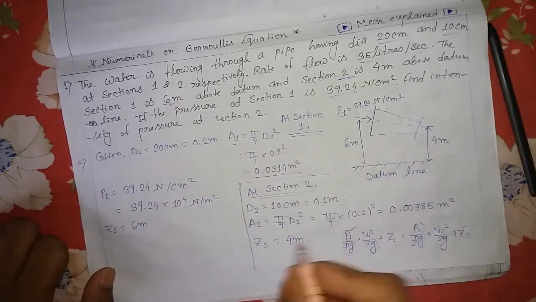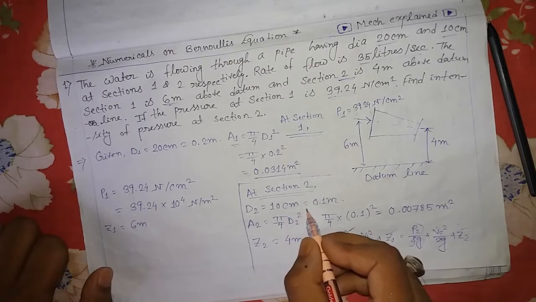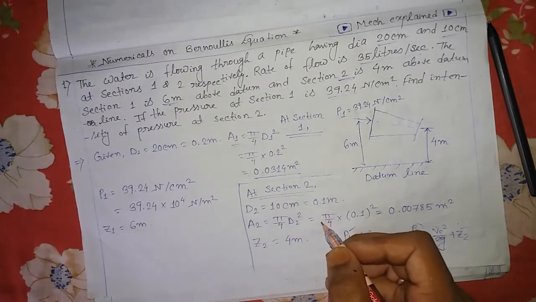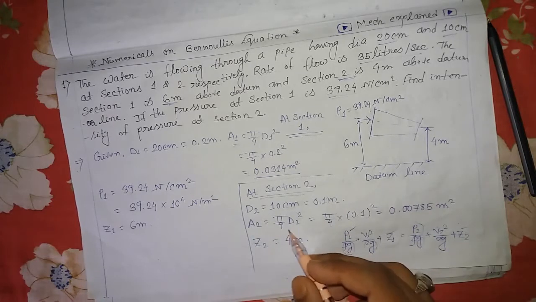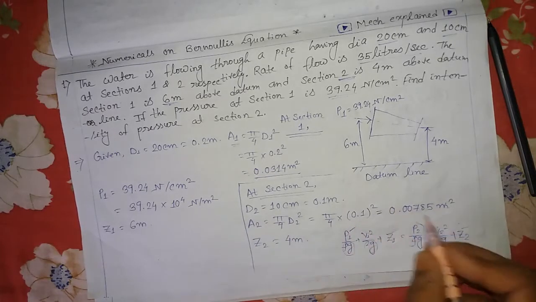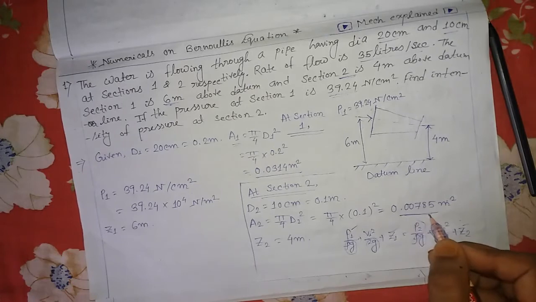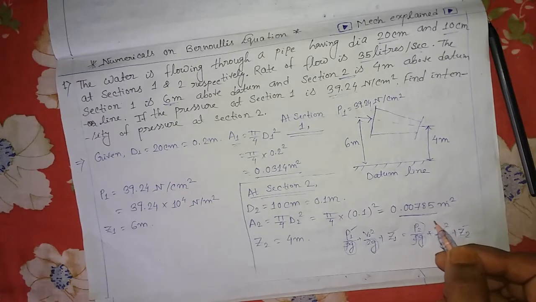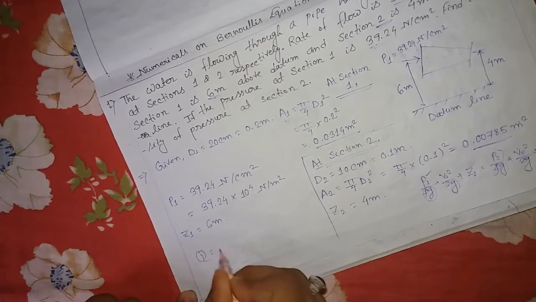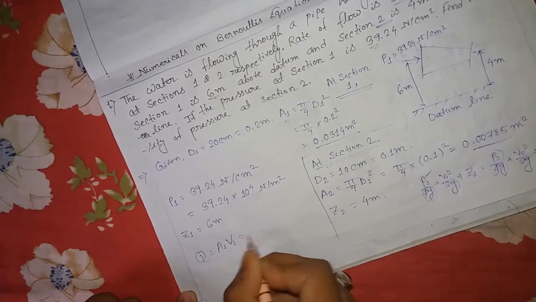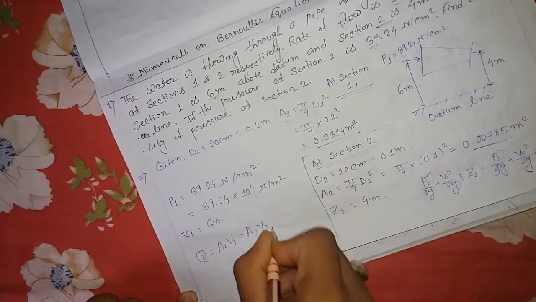Similarly, at section 2, D2 is 10 centimeter, that is 0.1 meter. The unit should be the same. A2 is pi by 4 D2 square. By the same process we find the area. So from the continuity equation, what do we know? Q equals A1 V1 equals A2 V2, right?